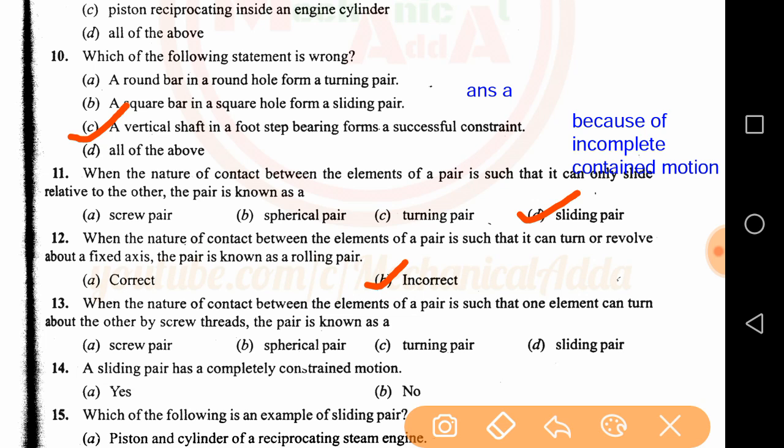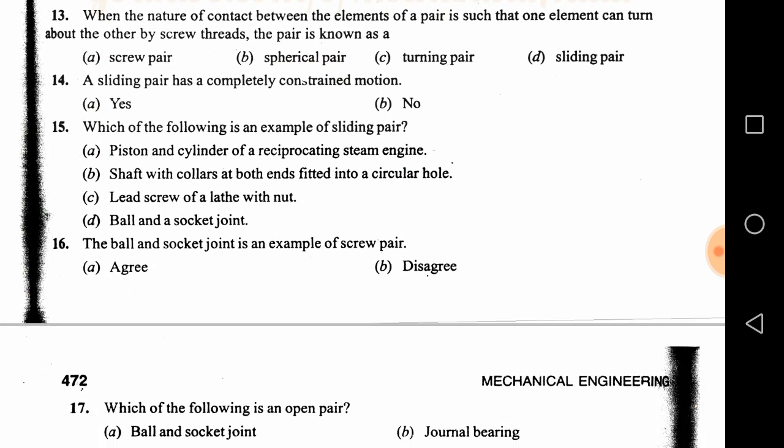This is incorrect. When the nature of contact between the elements of a pair is such that one element can turn about the other by a screw thread, the pair is known as screw pair.